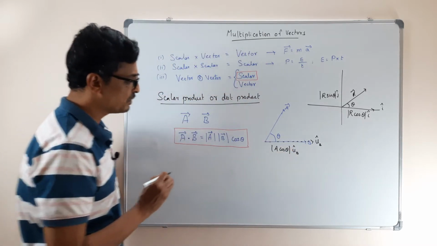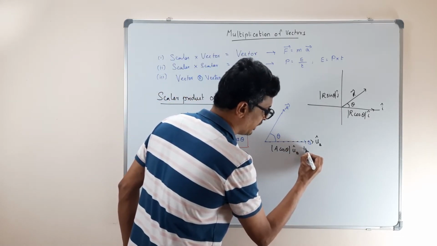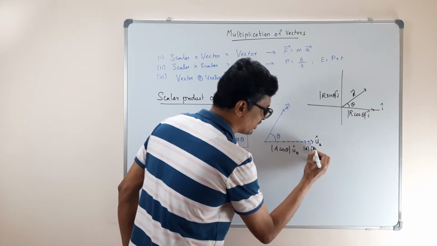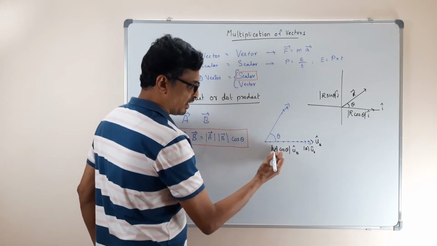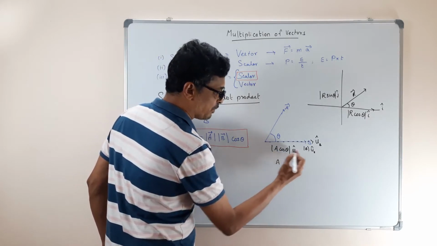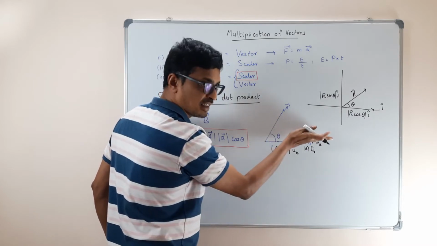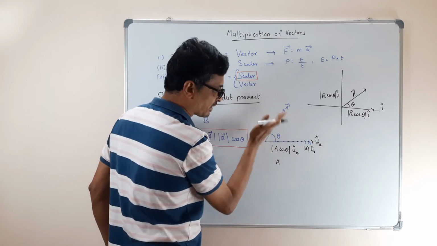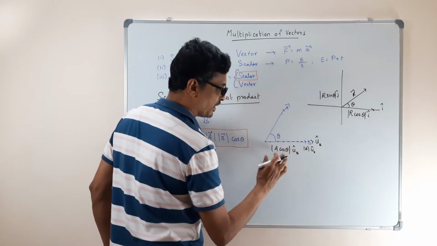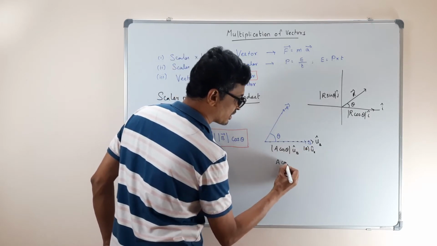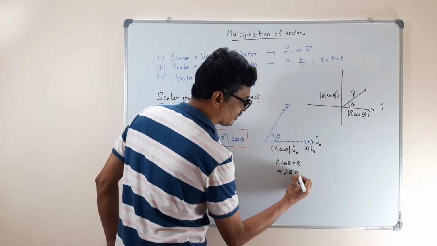So there is another vector, this is B and UB. What it says is, your scalar product is nothing but, if you multiply both the magnitudes, you bring both vectors along the same direction and multiply the magnitudes. What is the magnitude now? A cos theta into B. So this makes AB cos theta.